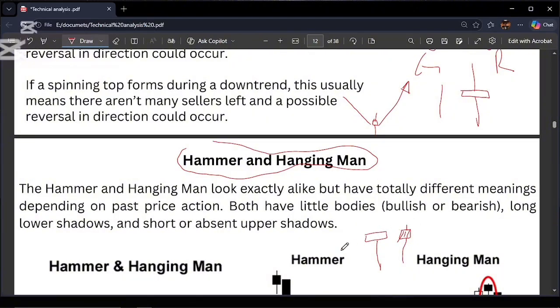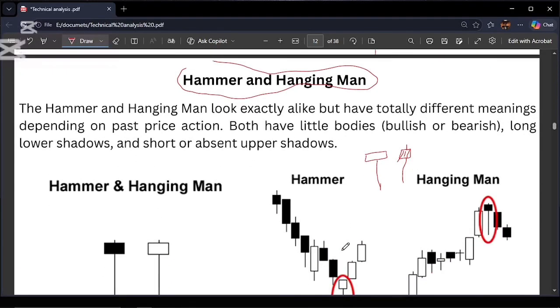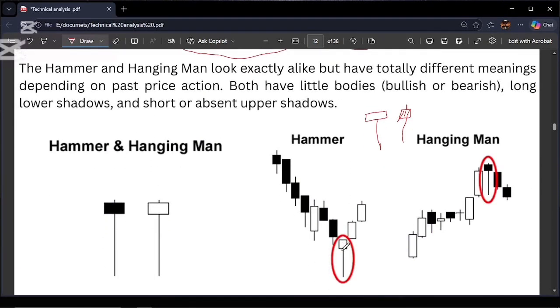So the hammer is formed during a downtrend. Like you see, this was a downtrend, prices were moving downwards, and then we had a hammer. They look alike, and the name depends on where they formed. So if this one formed during a downtrend, it's a hammer.